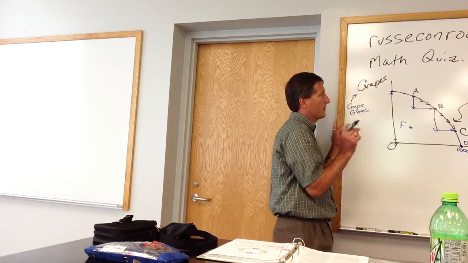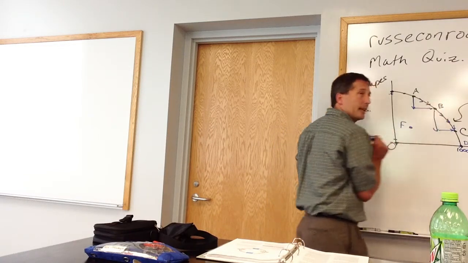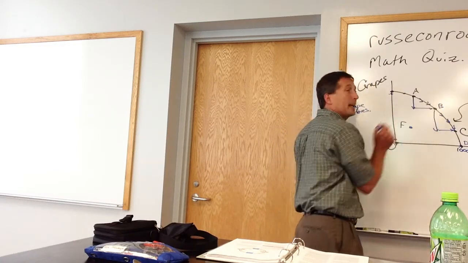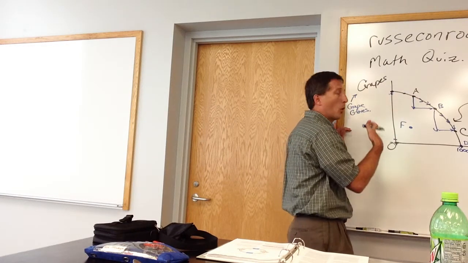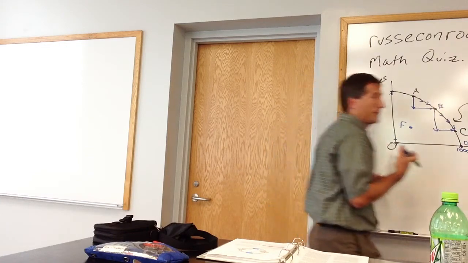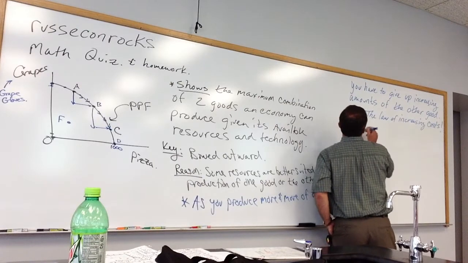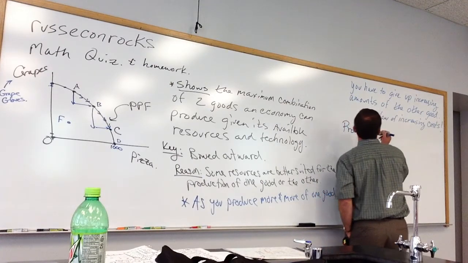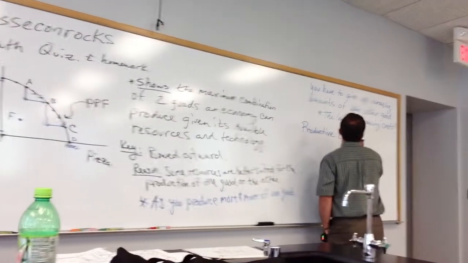And so we're going to define efficiency in a special way. Point B is efficient. Point A is efficient. And so what defines efficiency is that in order to get more of one good, you have to give up some of the other. So that's called production or productive efficiency.